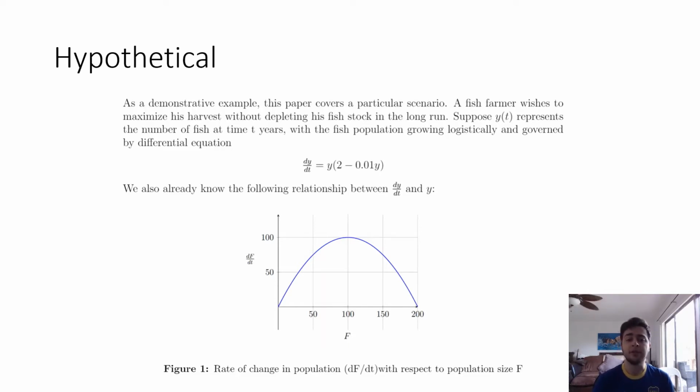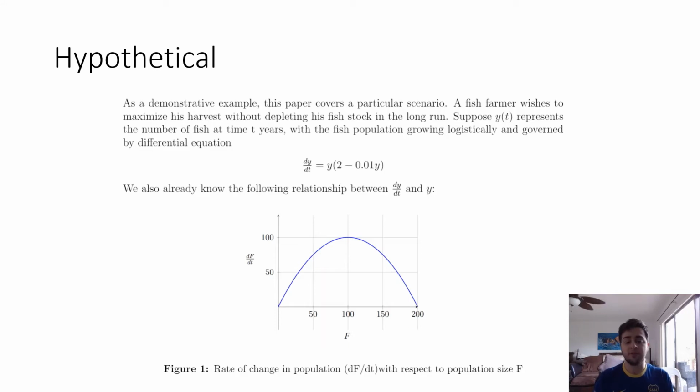And we also already know the following relationship between dy/dt, that is the change of population, and y, the actual population. So on the y-axis of this graph, you have the rate of change, and on the x-axis, you have the actual population.